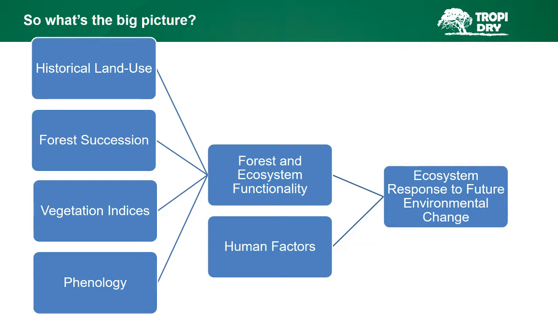And even if, let's say, we have a high rate of liana infestation, and we're getting a high rate of successional arrestment from these lianas, we can understand, well, maybe it's because our climate is changing that this is occurring a lot, and therefore these forests in the future are not going to be able to sequester as much carbon as we previously thought they were going to. The vegetation indices help us measure forest health, like I've said many times now, and just how robust these forests are going to be in the future.